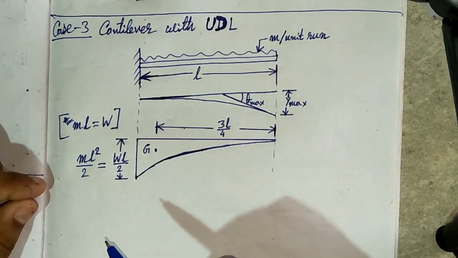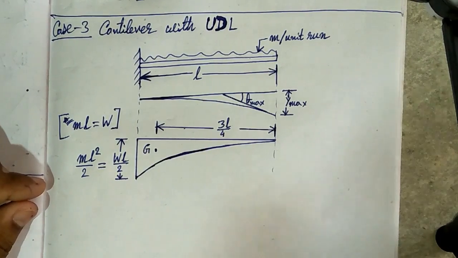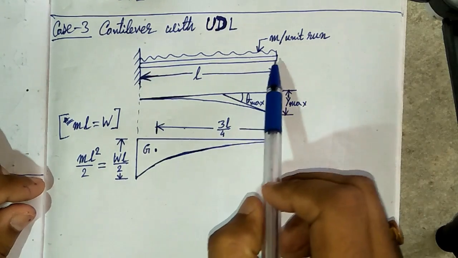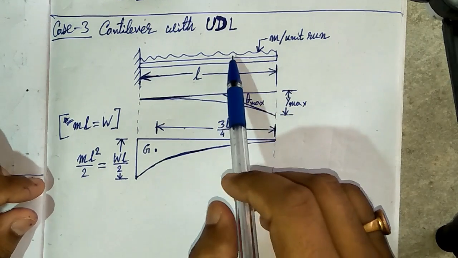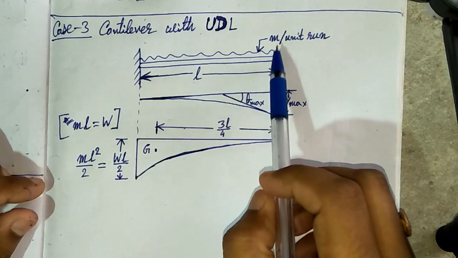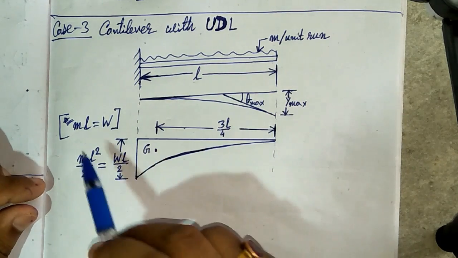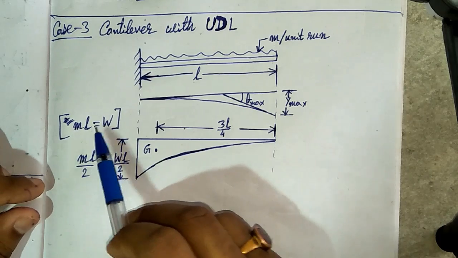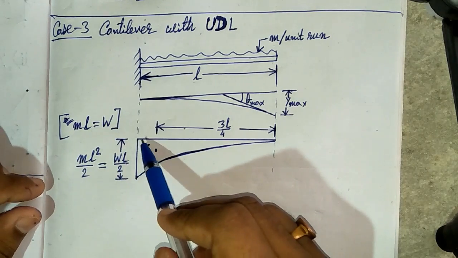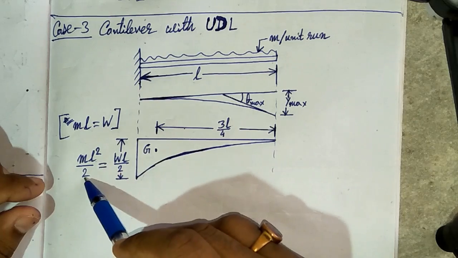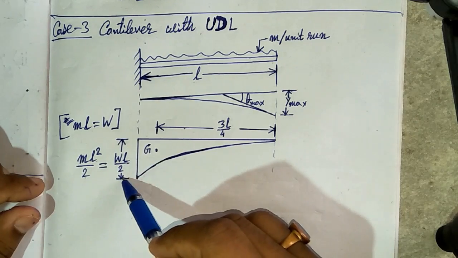This one is case 3, cantilever beam with UDL. This is the beam and L is the length, and the UDL, uniformly distributed load, is w per unit run. So the total load is w into L, that is W. The moment at this fixed point is wL square by 2, that is WL by 2.